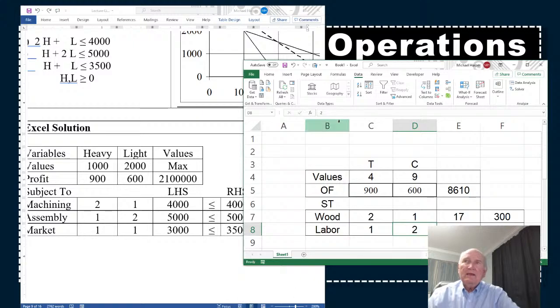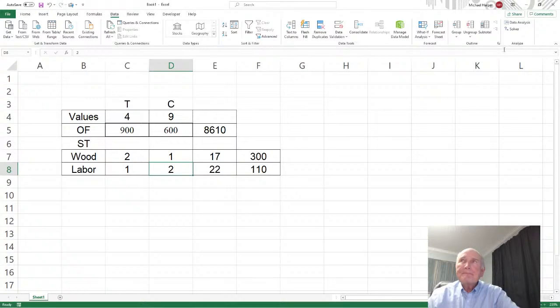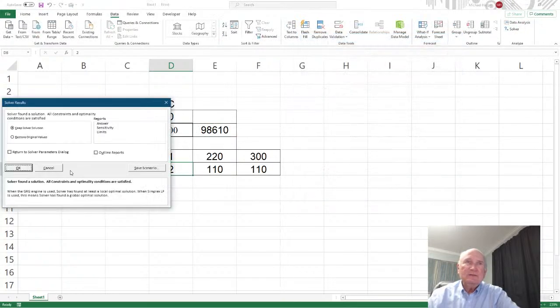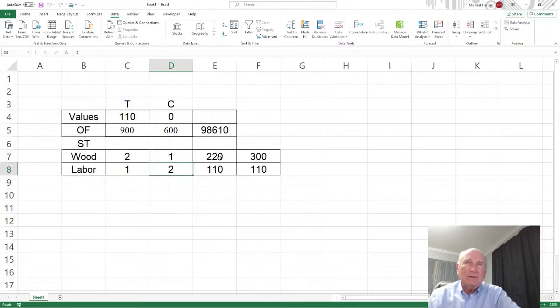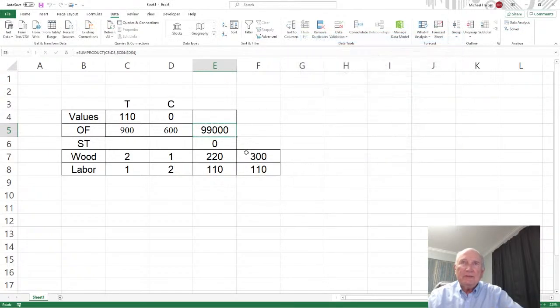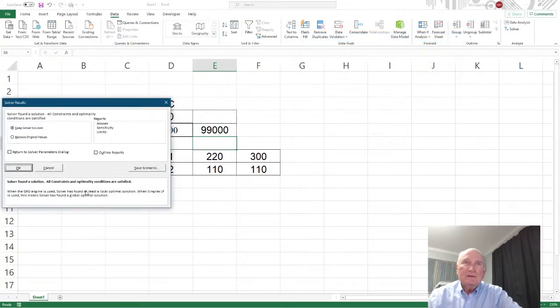Okay. And then let me solve this thing. And I hope it comes out to be, it doesn't. Let's see what I do. What did I do wrong here? Oh, this needs to come up to here. I have the other one in there. Solve this thing again. Still didn't do it.